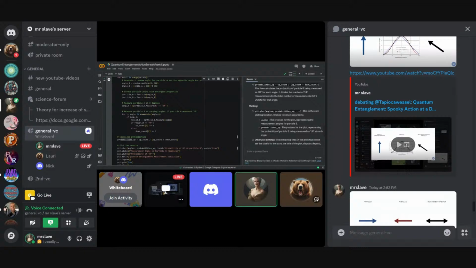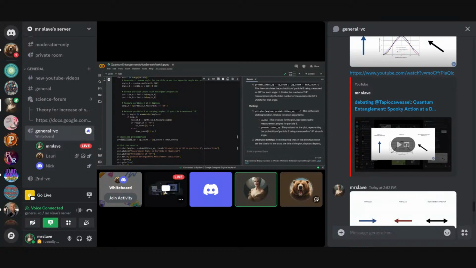So it runs through the test. Got it. Okay, I understand. It runs through the test of the 360 degrees. So up count one plus, up count one plus.